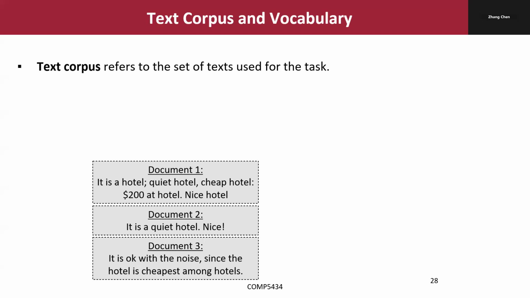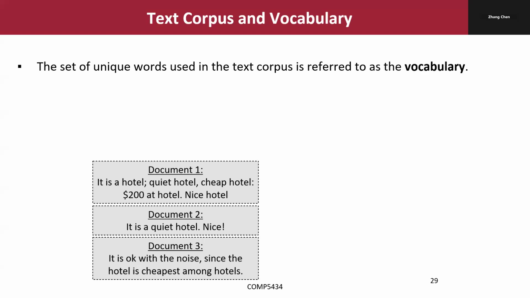And similarly with the third one, right? So from those documents, we can analyze the vocabulary used, and the sentiment and other patterns, right? This analysis is to understand how people feel about the hotel. So the set of unique words in the text corpus is referred to as the vocabulary.